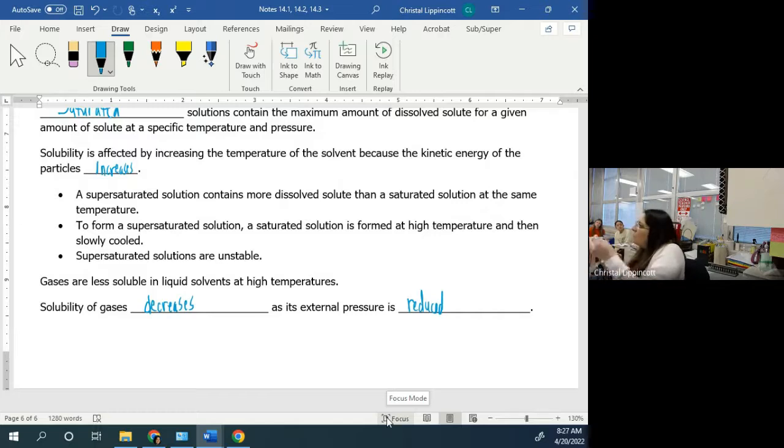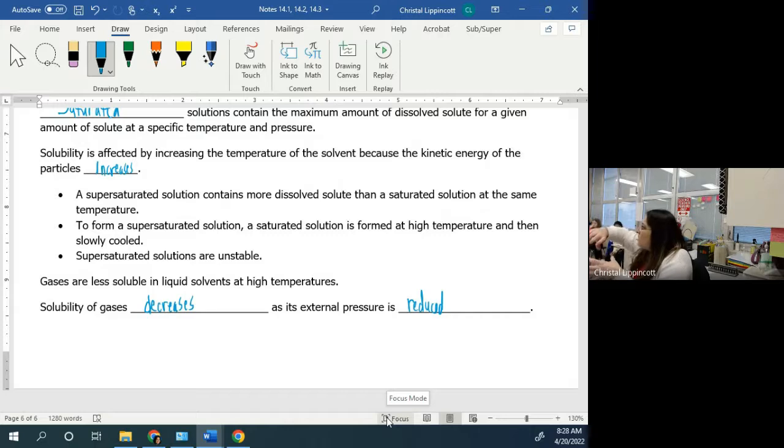The other thing that you hear this with is pop, okay? When they bottle pop at the manufacturer, they bottle it under pressure. Okay.